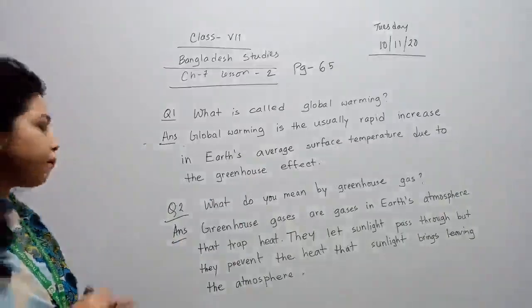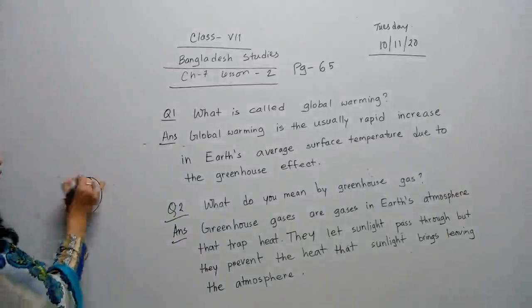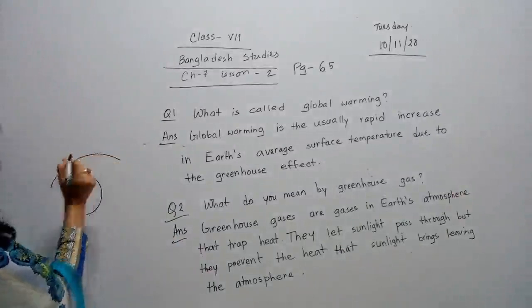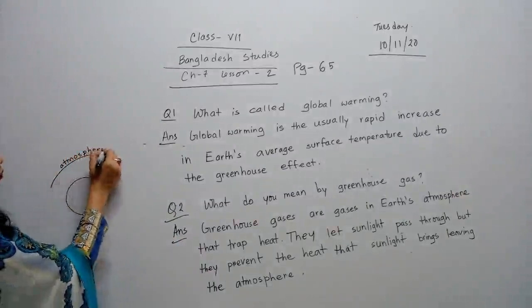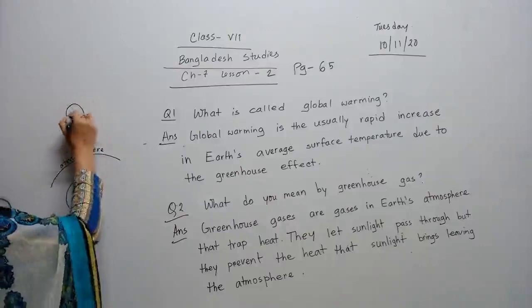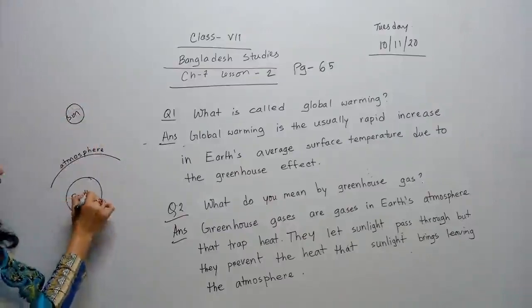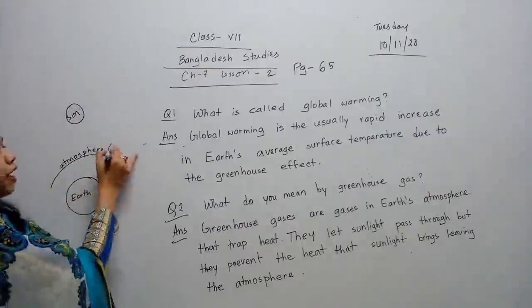That means, for example, this is our Earth and this is the atmosphere, and this is the sun. So here there are many gases, okay?